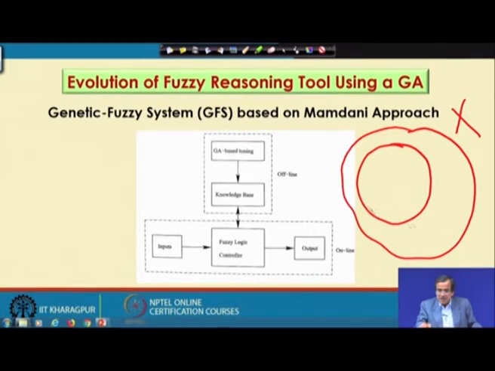This set has a well-defined boundary, and this is nothing but the classical set or the crisp set.